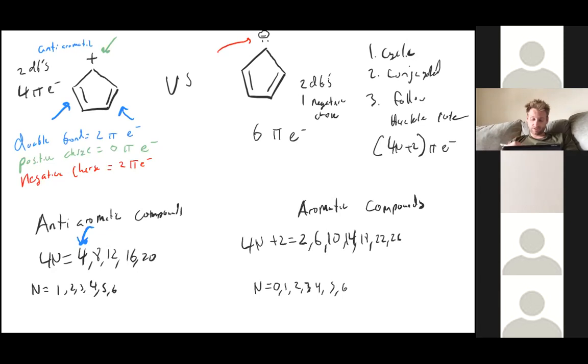Looking down at our charts here, 6 is going to fall into this aromatic range, and this will instead be an aromatic compound. I'm going to give you guys a minute to write this down, and then we'll talk through really what an anti-aromatic compound is versus an aromatic one.